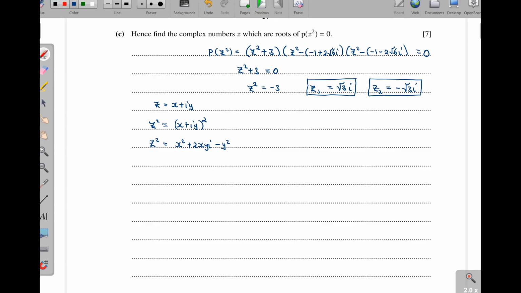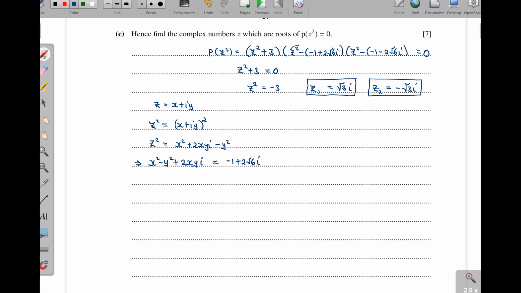So we have x squared minus y squared, then plus 2xy i. This one we can equate to negative 1 plus 2 root of 6 i.